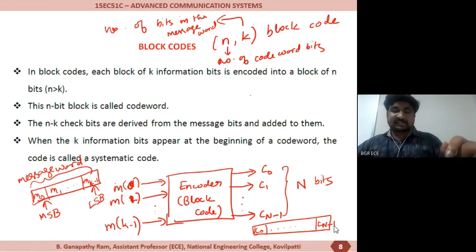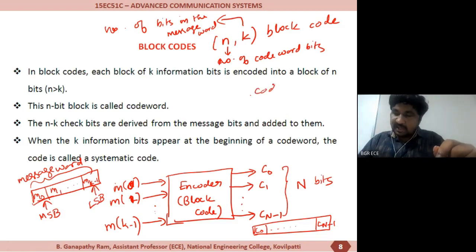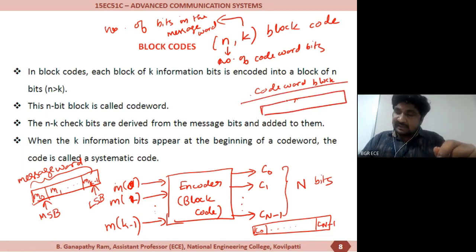It generates an n bit block which is called a code word. This code word block is generated with the help of k message bits and n minus k parity bits.